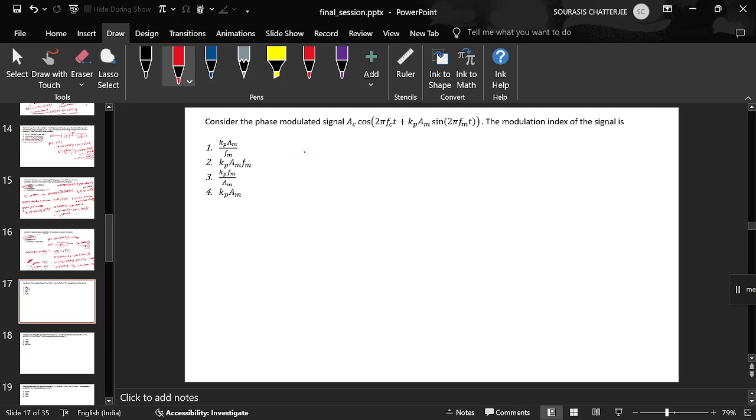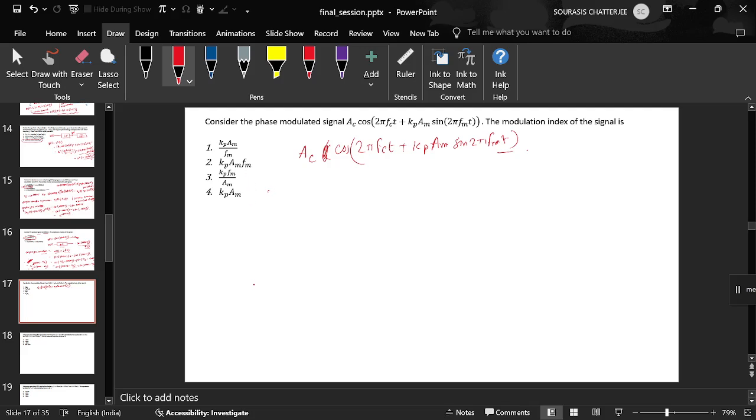Next we talk about the phase modulated signal. We have A_c cos 2 pi fc t plus kp Am sin 2 pi fm t.